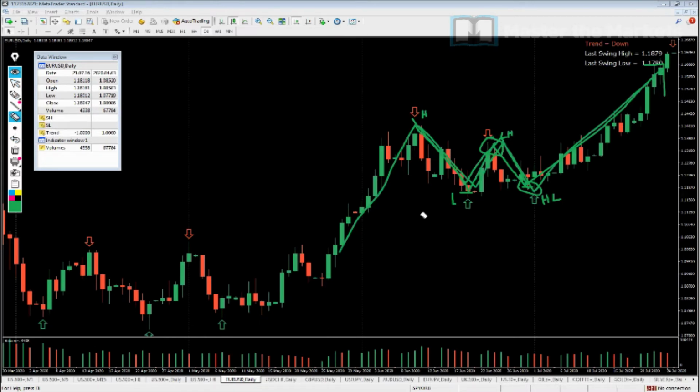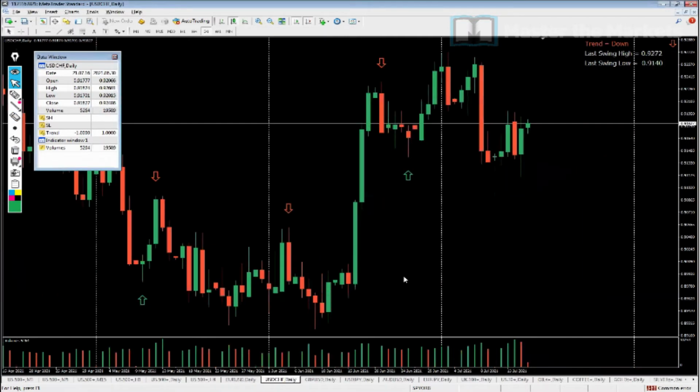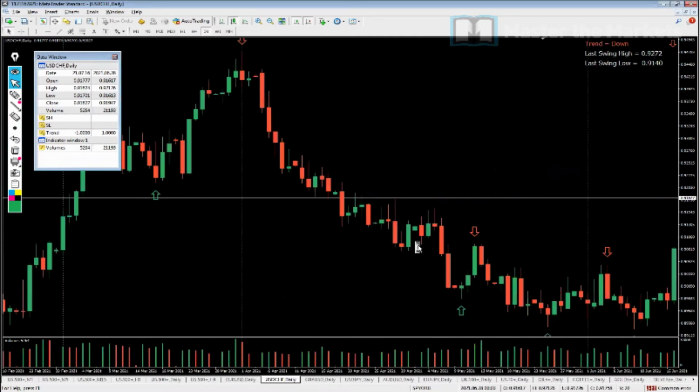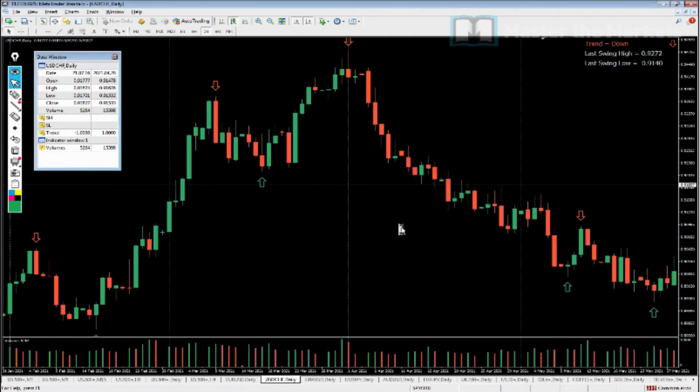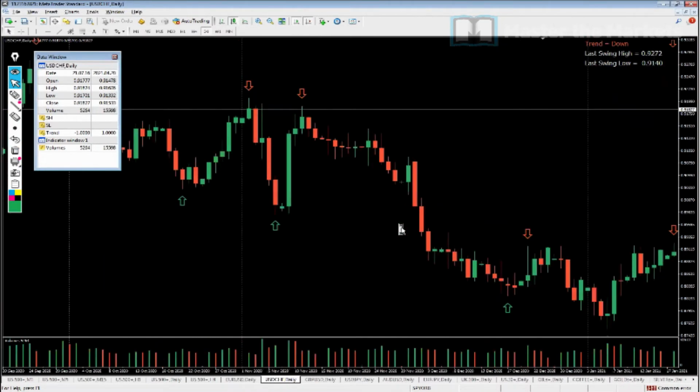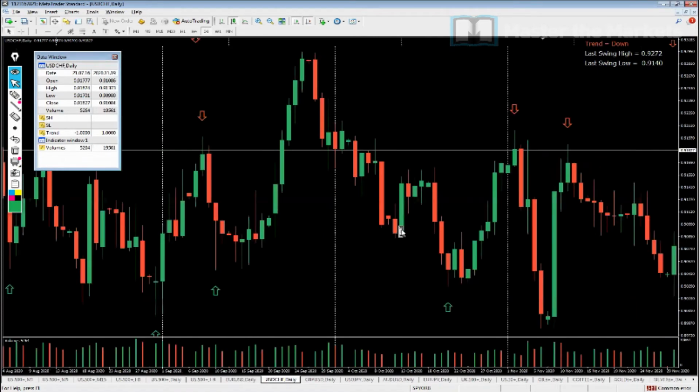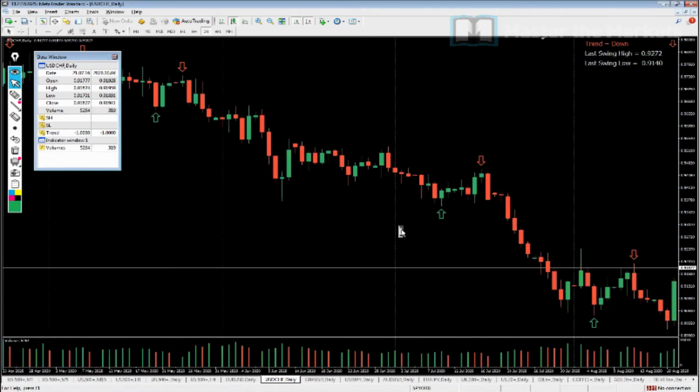So we were in the downtrend, in compression, and now we break out to the upside. Let's take a look at an extended market compression. I'm going to go back to March of last year, where this happened on the dollar franc.